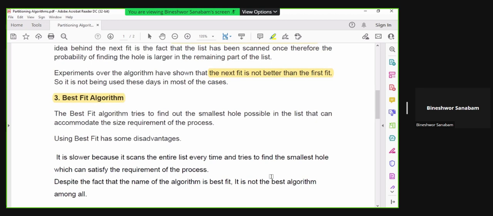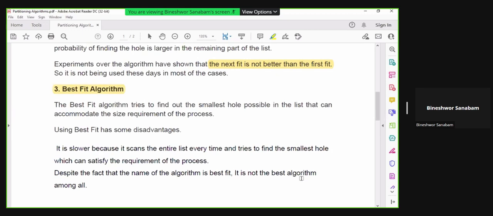So we have to scan the entire linked list every time, so it is a slower process. And despite the name, it doesn't always give the best result.